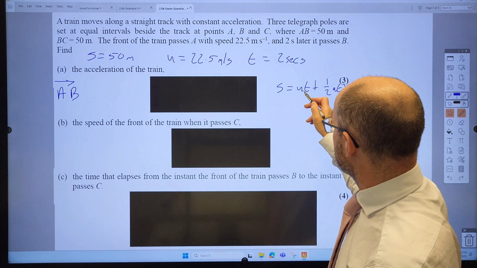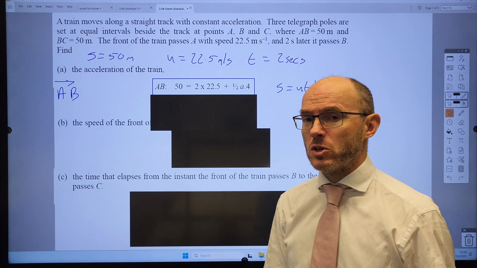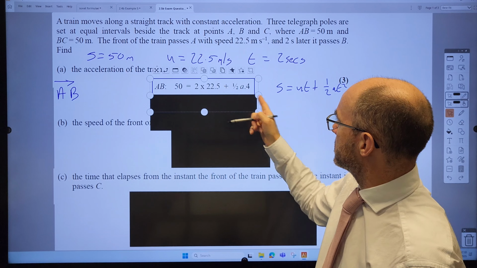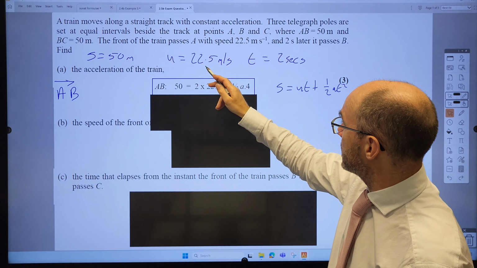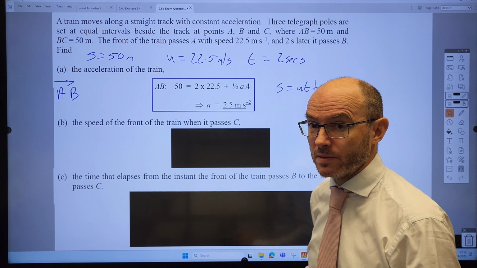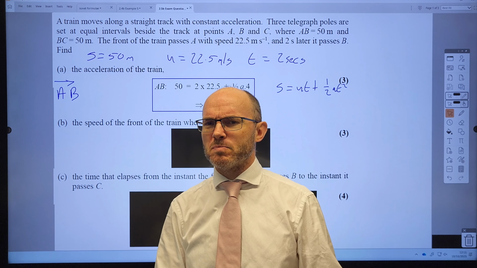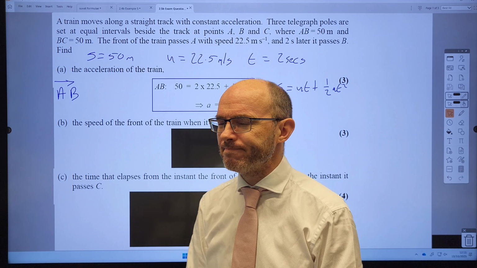So here's our solution: s, which is 50, equals 2 times 22.5, that's ut, plus half at squared, and you can solve for a. I assume you can substitute numbers in yourself, I'm more going through the method than the actual calculation for these ones, hope you don't mind.